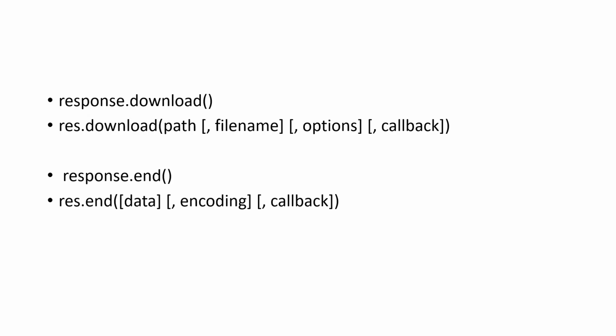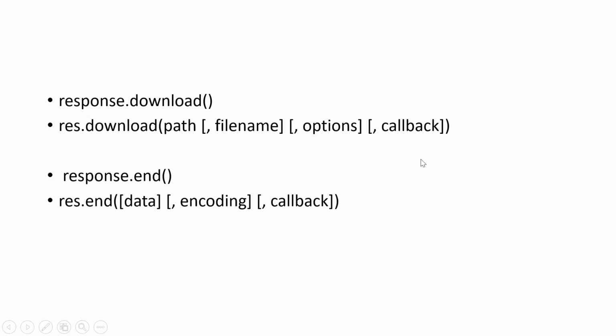There you can see the syntax of the download method. res.download(path, filename, options, callback). Path is the path of the file you want to download. File name determines the name of the file that you want to be downloaded. It is optional. Then options: this parameter is also optional, but it is an object that can include headers and other options.